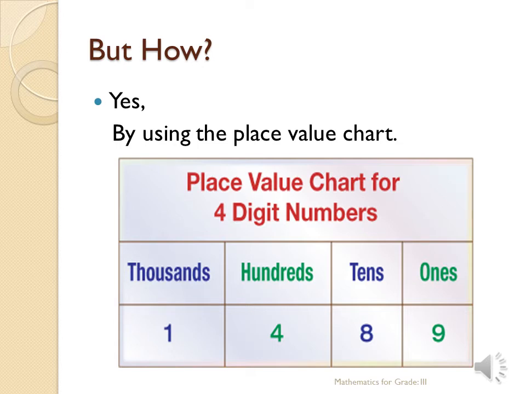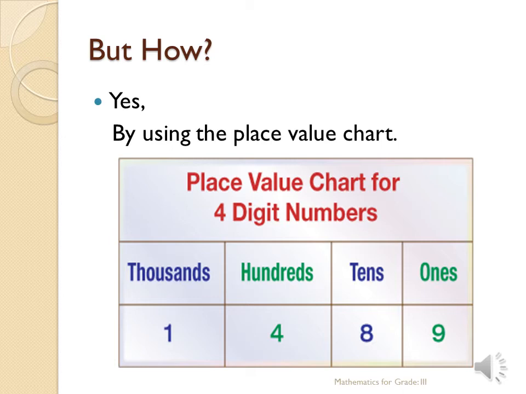Moving to the next column, we have another digit, that is 4. Now the value of this digit 4 is 100. Now we have another column, and the digit in that column is 1. Now the value of this digit 1 is 1000. How do we know this?